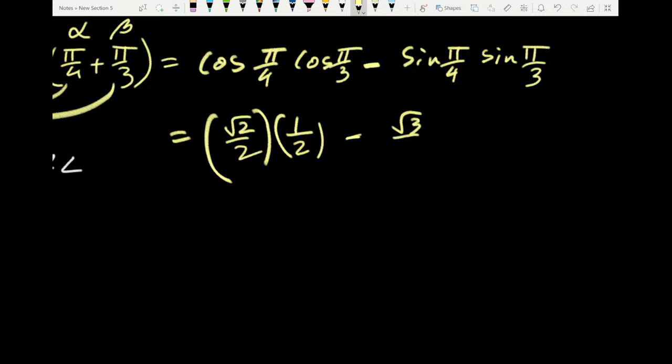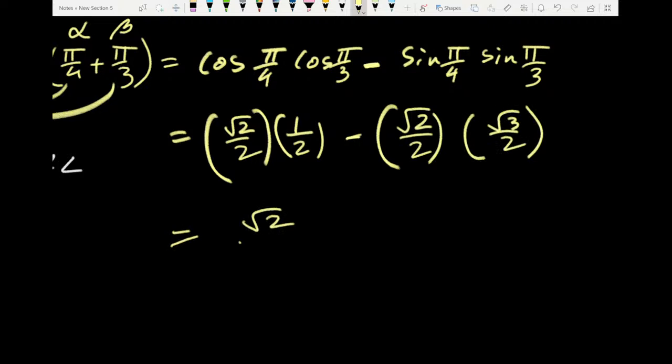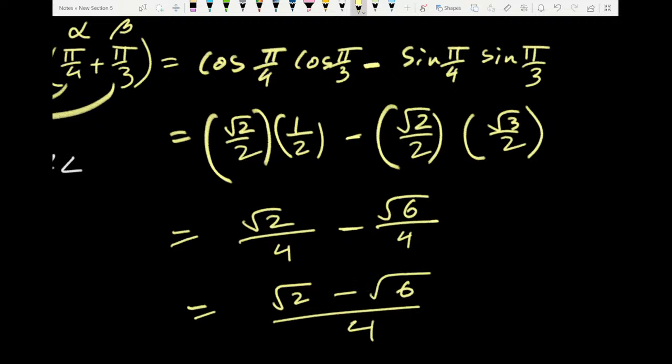And then square root of 2 over 2 times square root of 3 over 2. And I can simplify it even more. And no, you cannot combine these two terms.